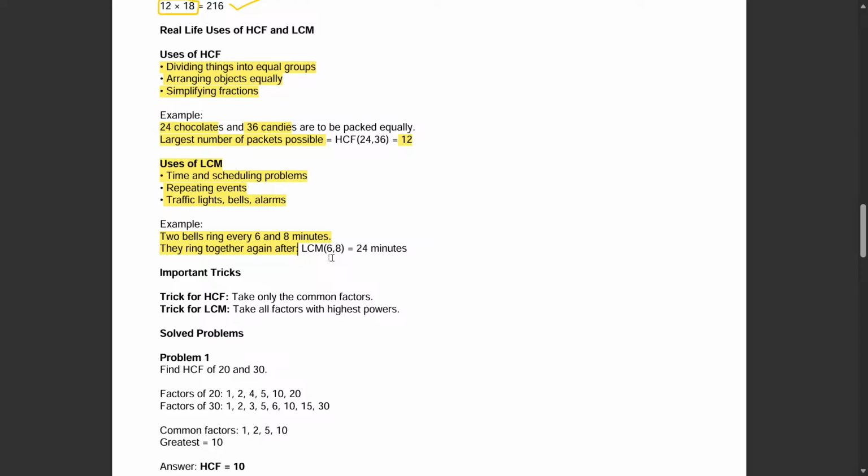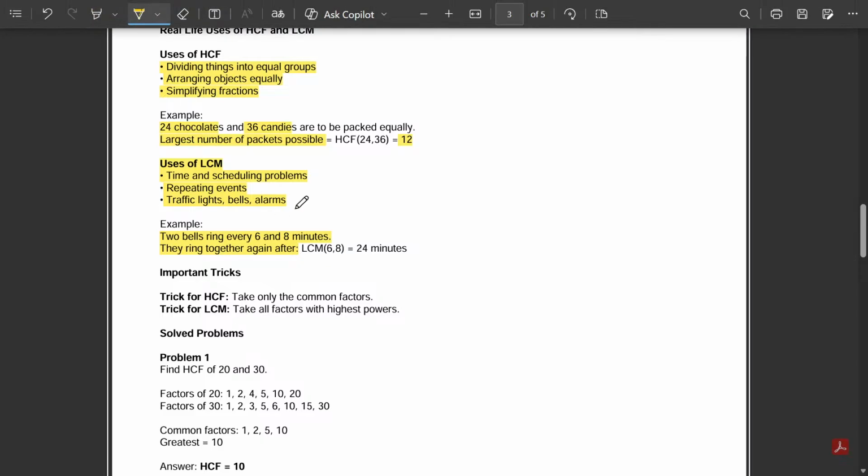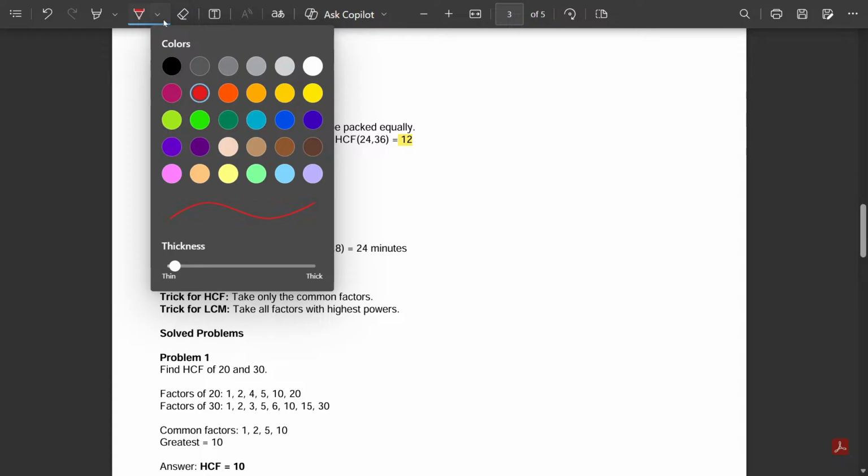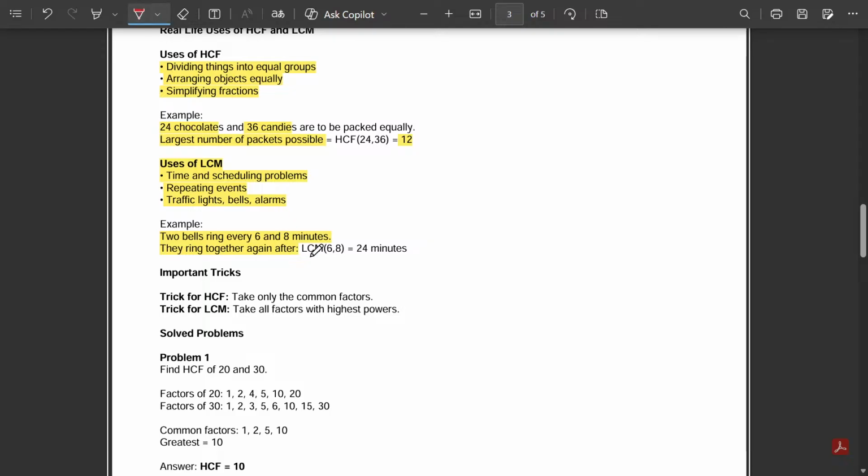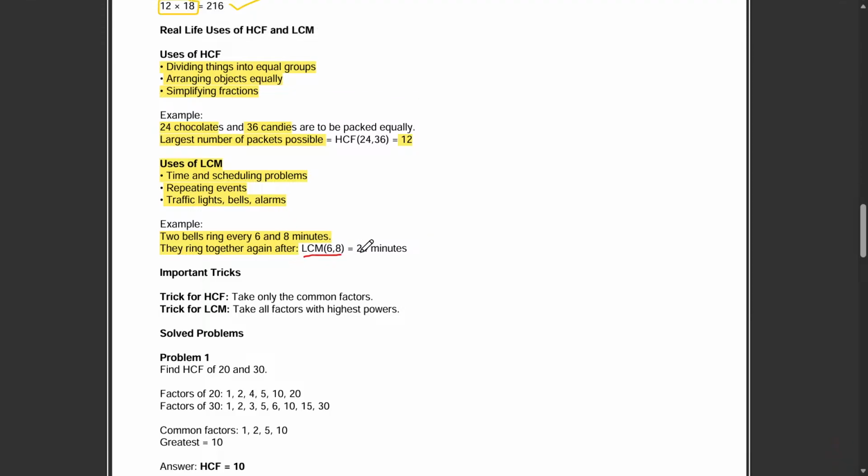If we simply take the LCM of 6 and 8, then we are getting 24 as the answer. That is 24 minutes.